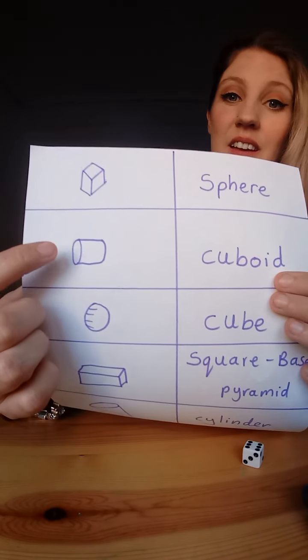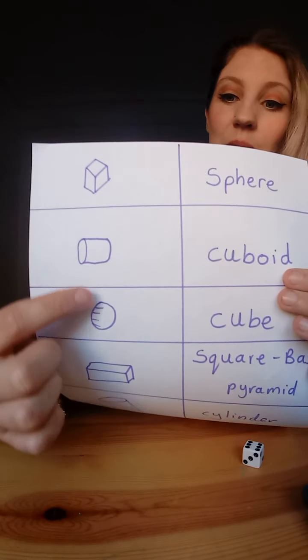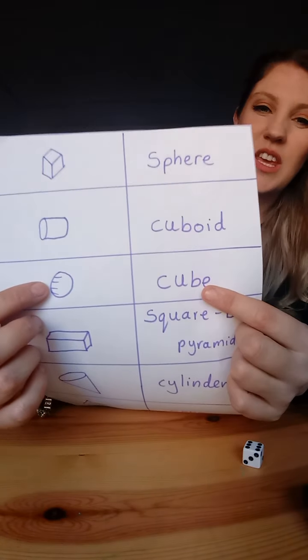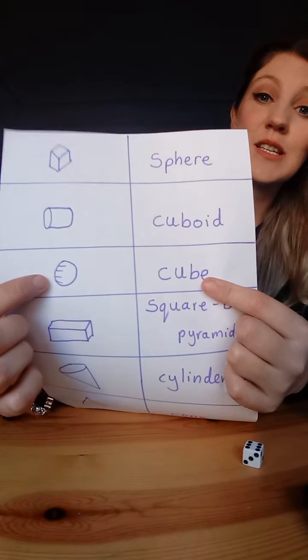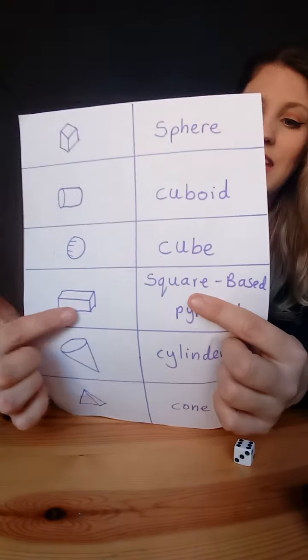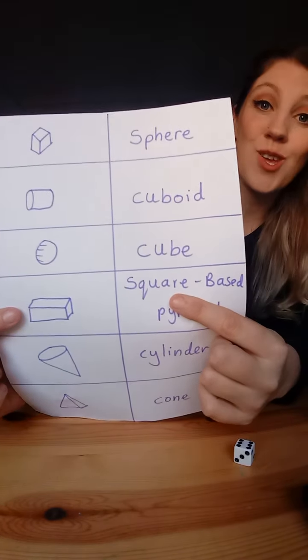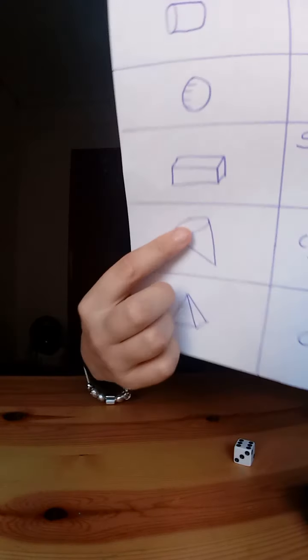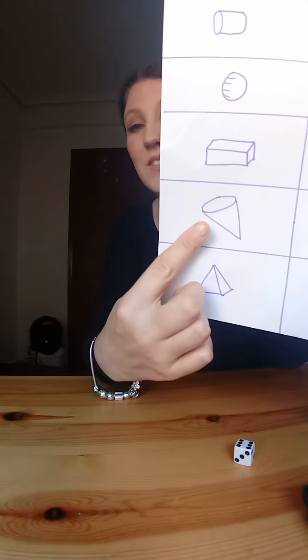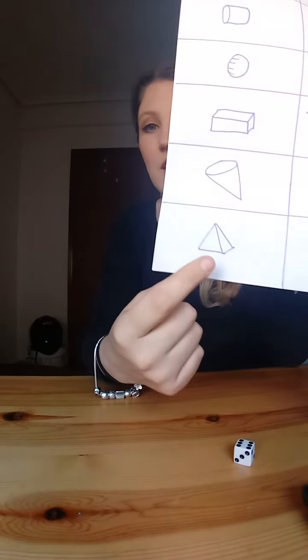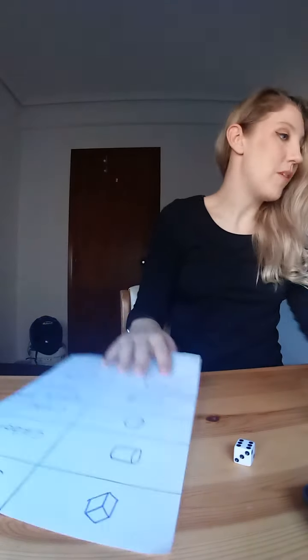What is it? It's a cylinder, isn't it? That's not a cube. It's a sphere. And that is not a pyramid. It's a cuboid. What's that? Not a cylinder, is it? It's a cone. And then, of course, you've got your pyramid at the bottom.